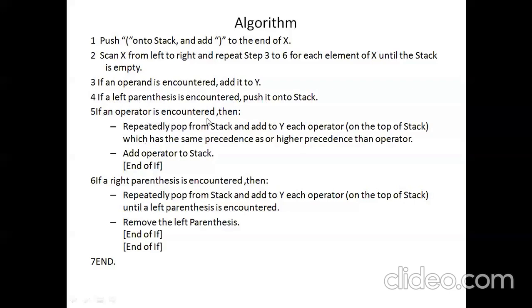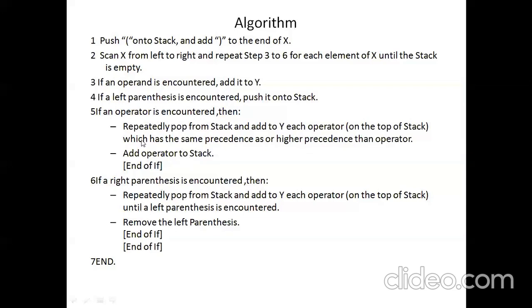If an operator is encountered, plus, minus, division, star, whatever it is, repeatedly pop from the stack and add to Y each operator on the top of the stack which has the same precedence as or higher precedence than the operator. Then add the operator to the stack.